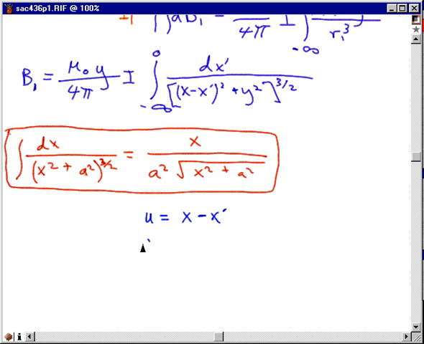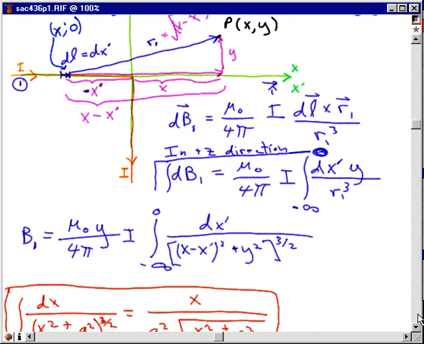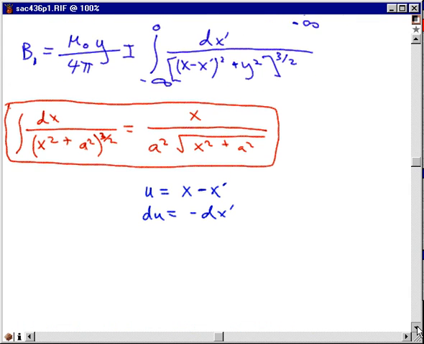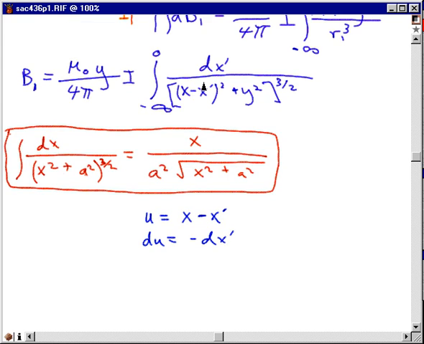If this is the case, continue the variable substitution. du would just be minus dx prime, because again, for purposes of integration, x is fixed up here in the picture. We're keeping point P fixed and adding all the contributions from the various points along this wire to the magnetic field at point P. So point P being fixed means x is a constant for purposes of integration here. And then make that substitution directly in there at that stage.